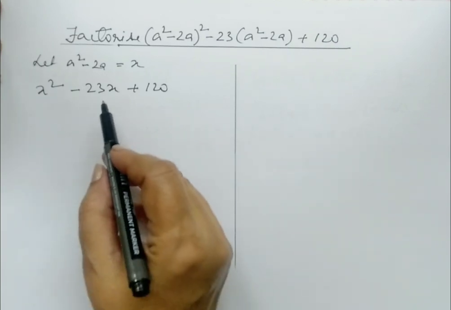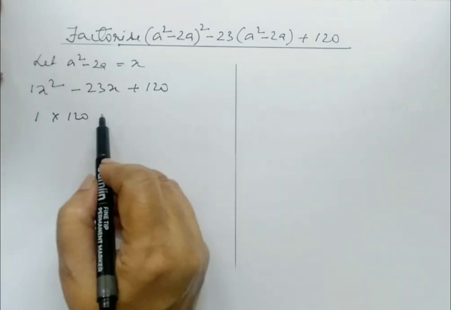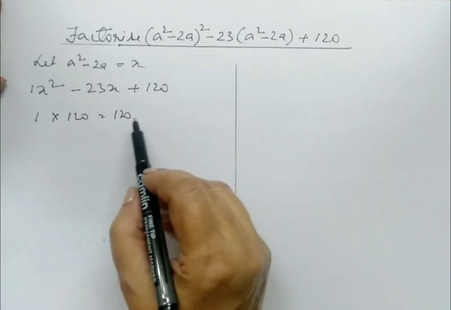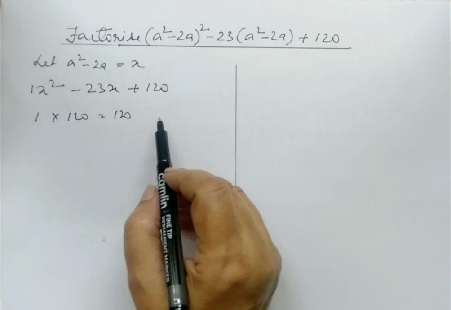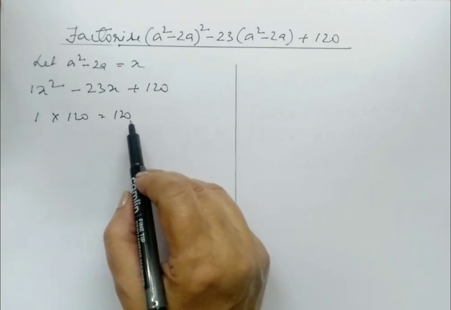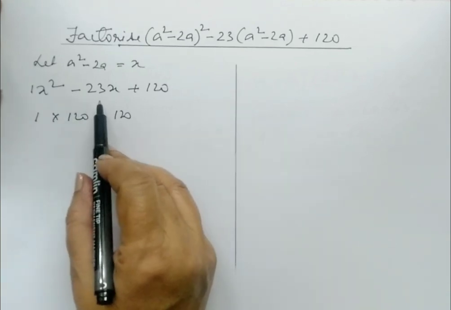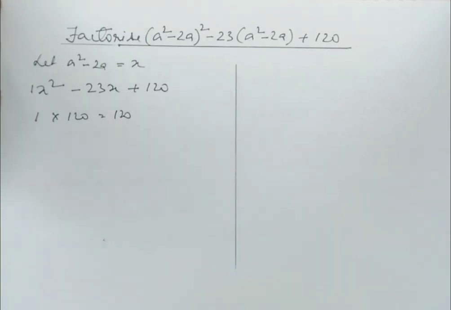Now try and work it out for yourself. I'm sure you understand, but it's okay. Let's do it in a concrete manner. So what are the two factors that would give me 23 on adding? Minus 23x, all right?